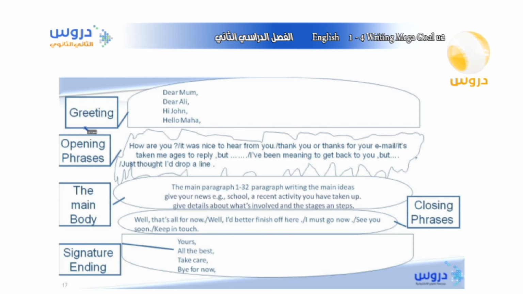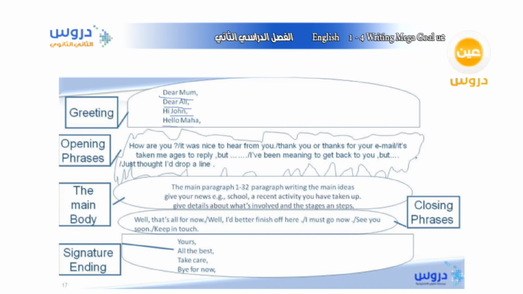Okay. Now, here we have a greeting. As you see here, we have a greeting, and we have opening phrases, the main body, signature, ending, and closing phrases. We have closing phrases. Actually, we start with dear ma'am, or dear Ali.